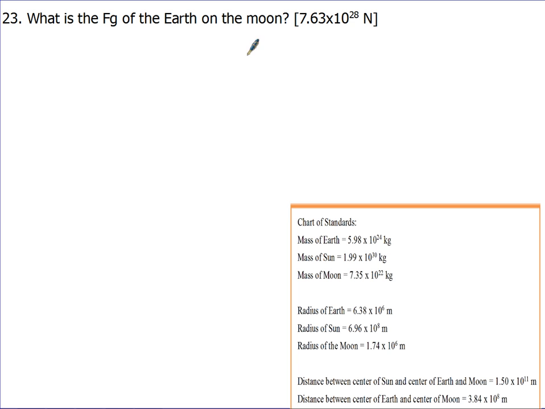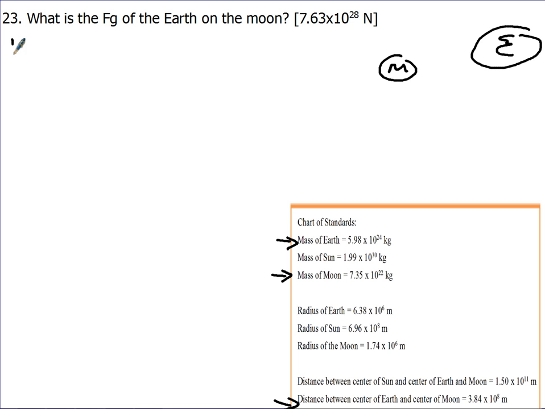Now, what is Fg of the Earth on the moon? Okay, we have to come to our standards chart. We want to know the force of attraction between the moon and the Earth. So we need the mass of the Earth, the mass of the moon, and the distance between the Earth and the moon.